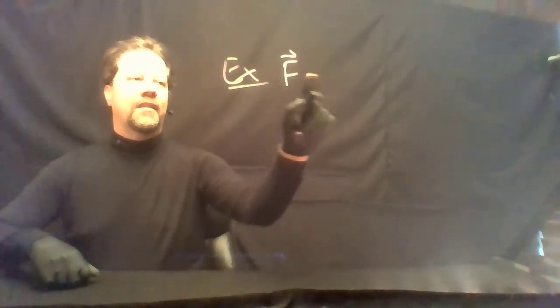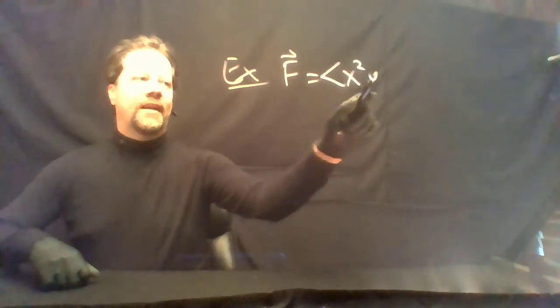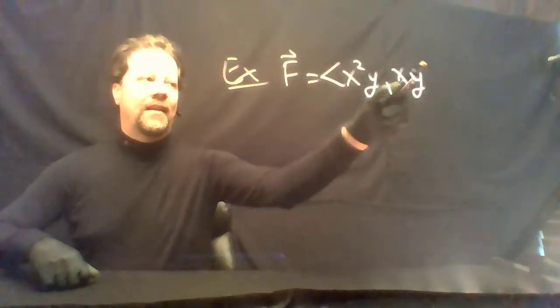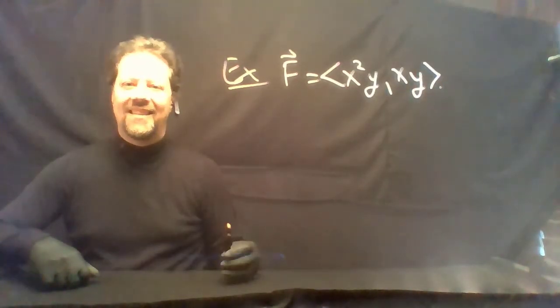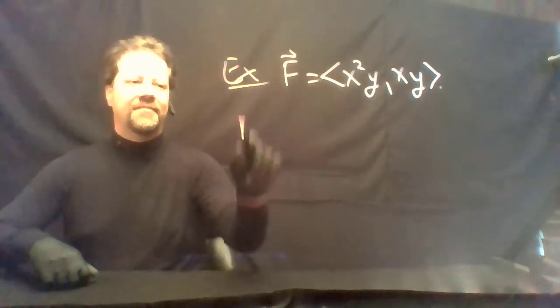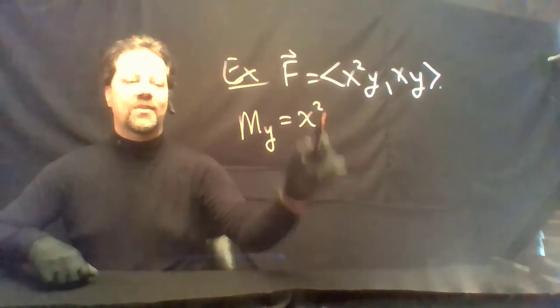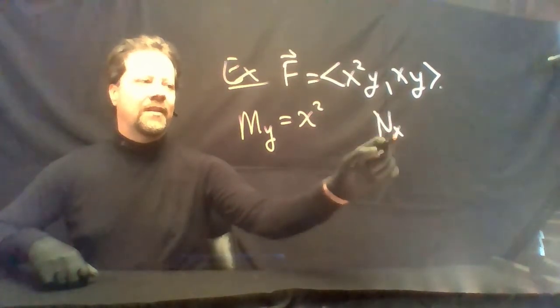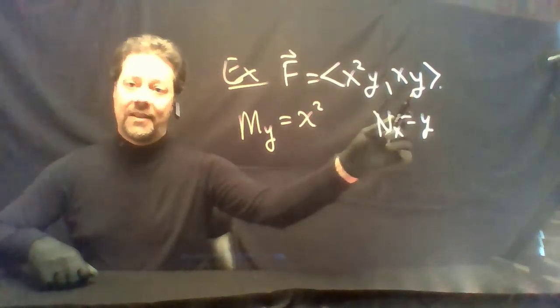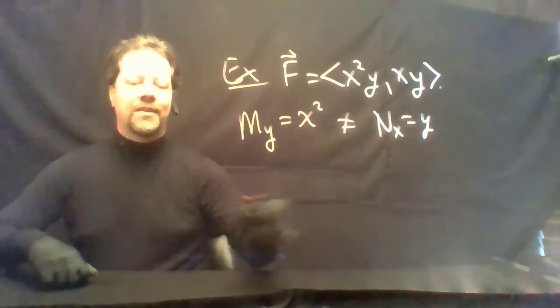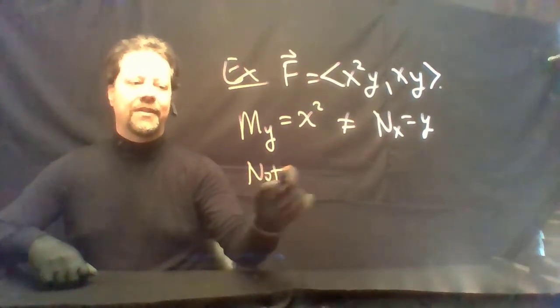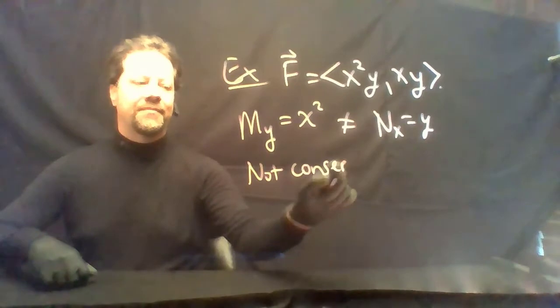Let's look at the vector field x squared y, xy. Is this vector field conservative? m_y in this case is x squared. n_x is y. These are not equal, so the vector field is not conservative.